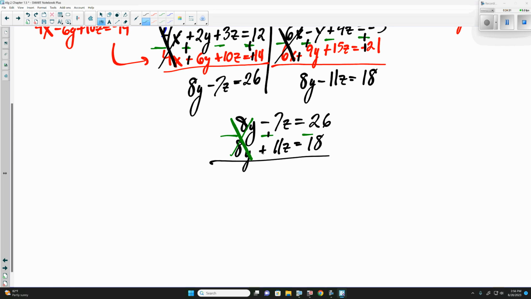So negative 7 plus 11 is 11 minus 7. Then 26 minus 18. 4z equals 8. Yes? Solve. So we would divide by 4.